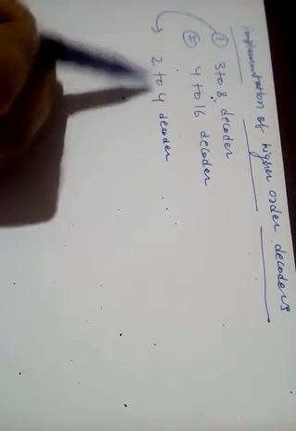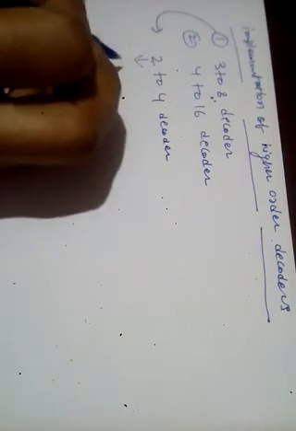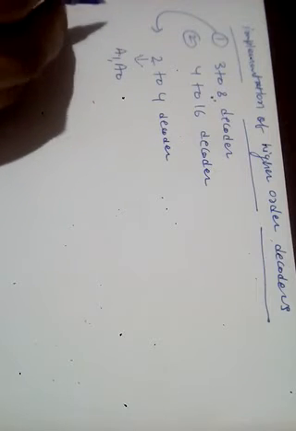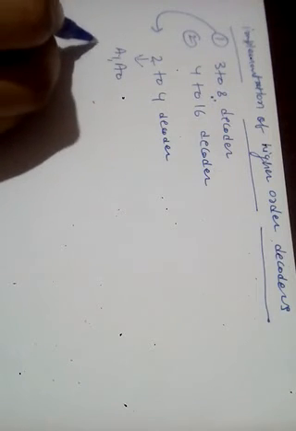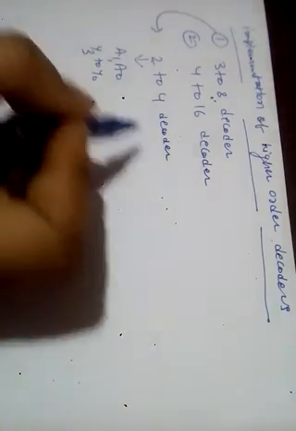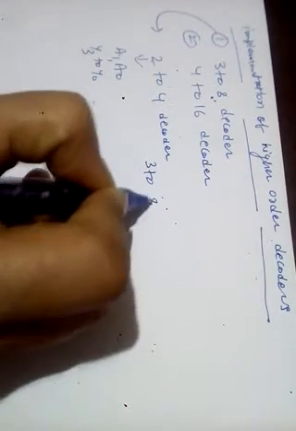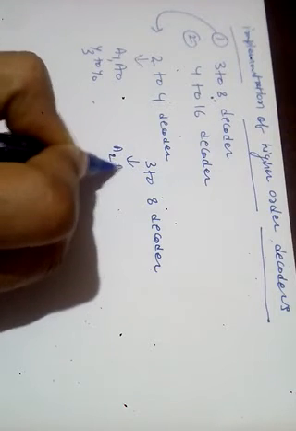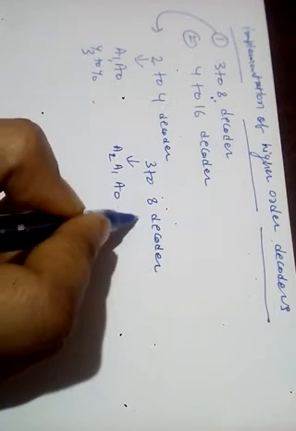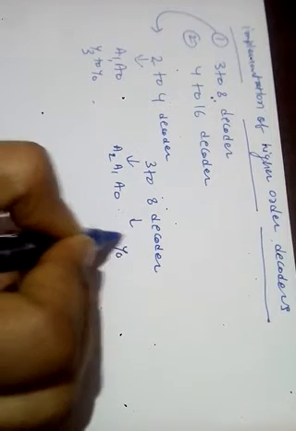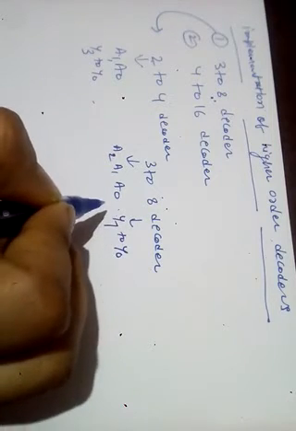Now the 2 to 4 decoder has two inputs, suppose A1 and A0, and 4 outputs, suppose Y0 to Y3, whereas the 3 to 8 decoder has 3 inputs, suppose A2, A1 and A0, and 8 outputs, that is Y0 to Y7.